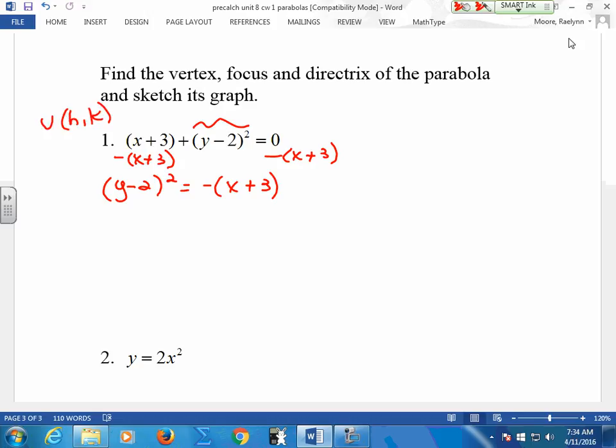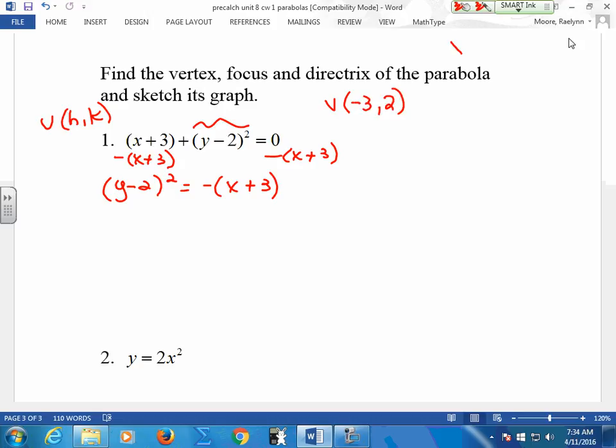Like your center of your circle, it's the x, the y value. And H is always with the x. K is always with the y. So it doesn't matter what side they're on, but they're always going to be x with the H, y with the K. And when they come out of these parentheses, remember they come out the opposite way. So your vertex for this is going to be -3, 2.